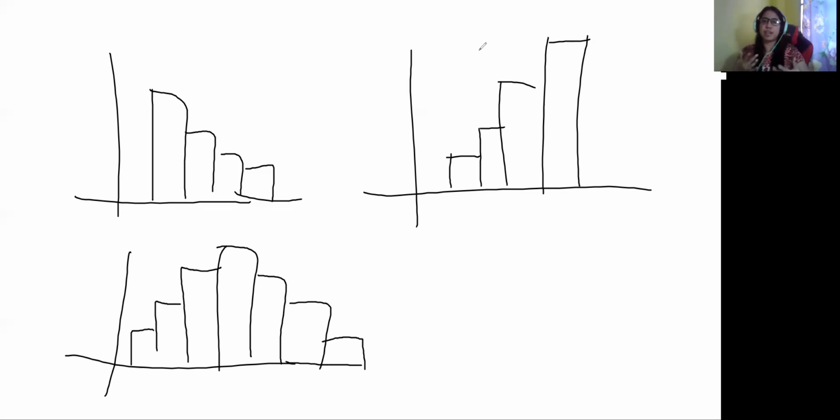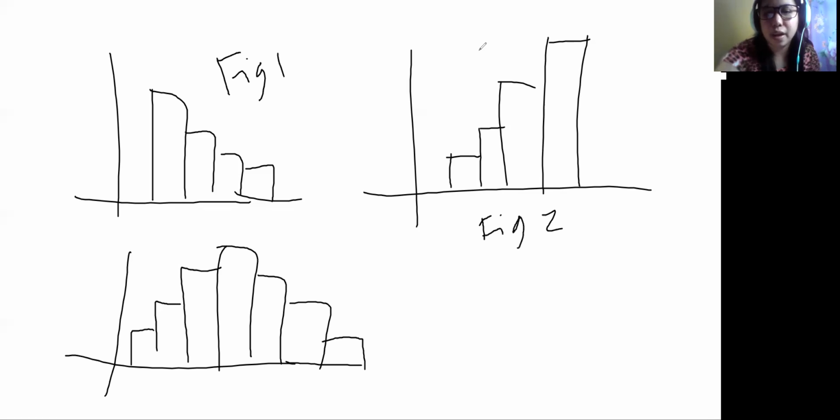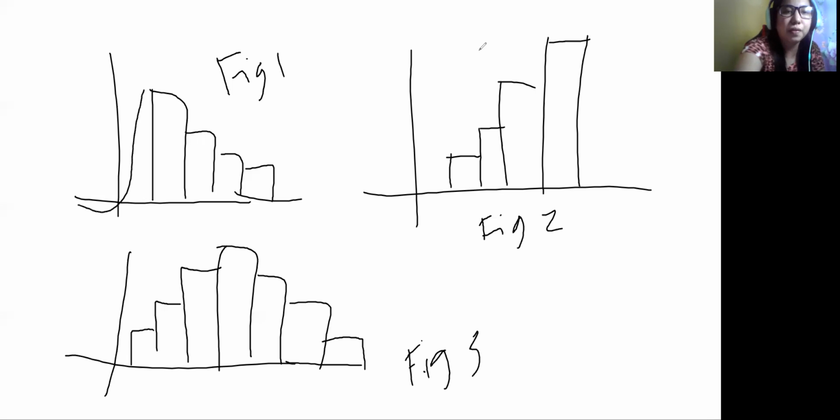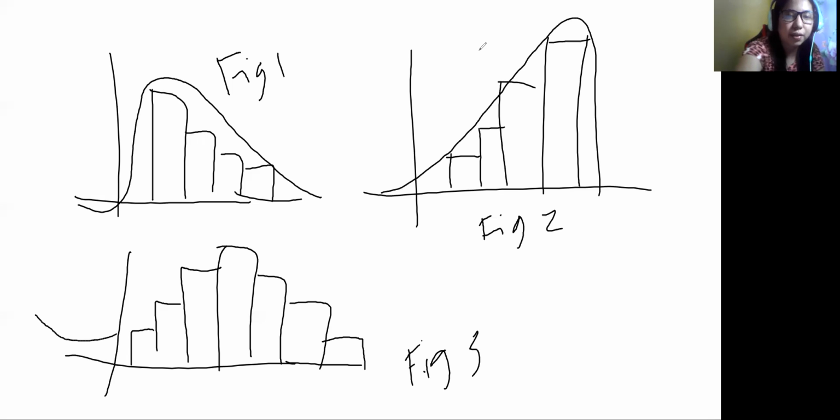Okay, so we have here figure 1, figure 2, and figure number 3. So this is our sample histogram. If we're going to draw curves here, the first curve will look like this. The second curve and the third curve will look like this.